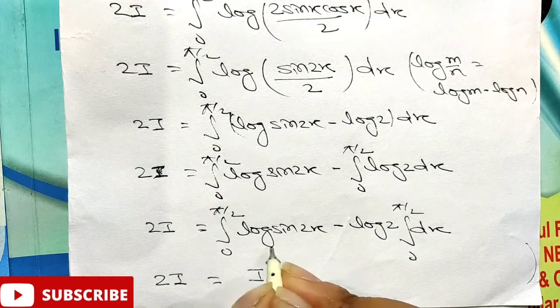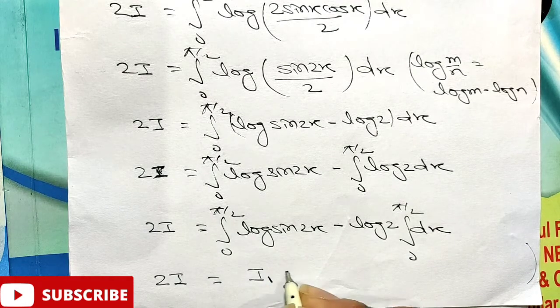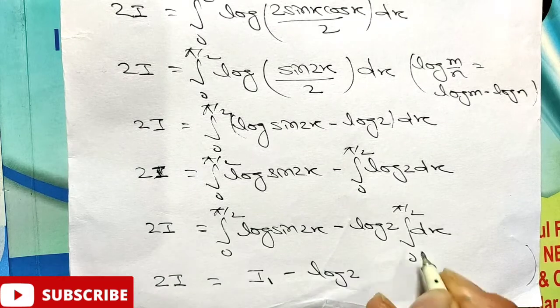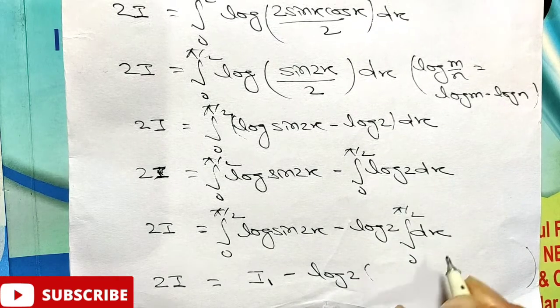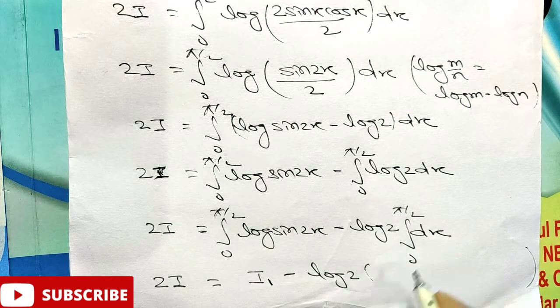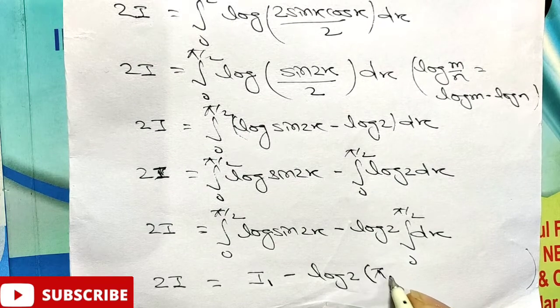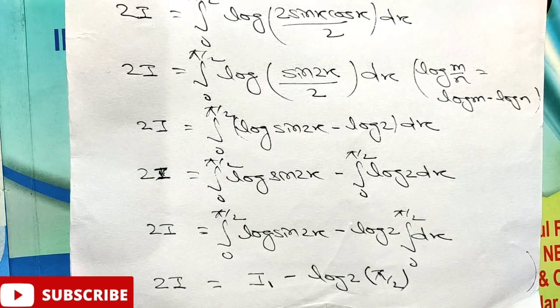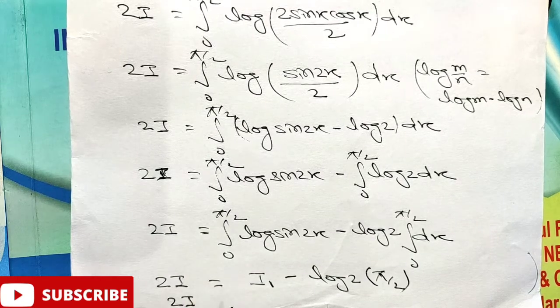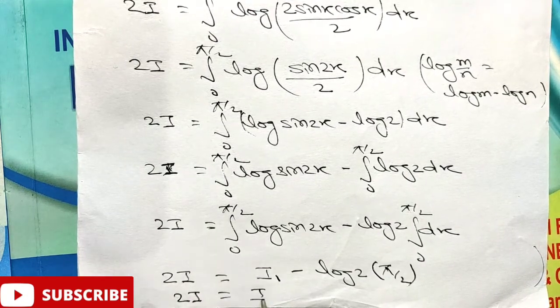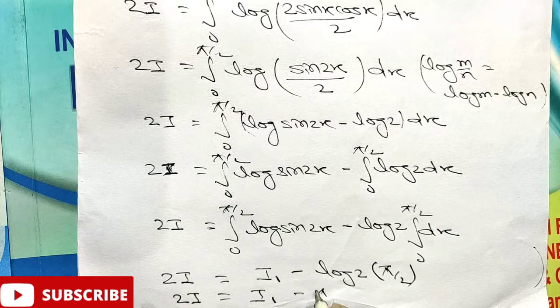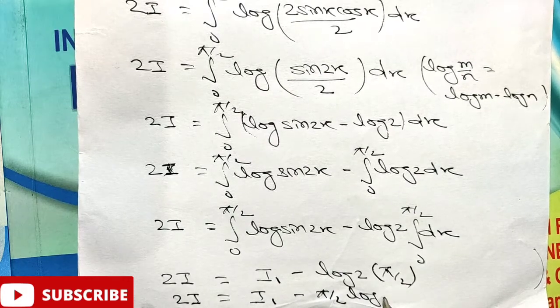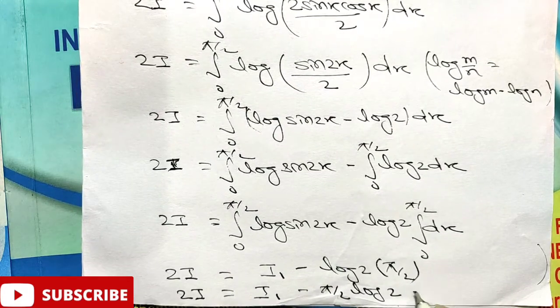We are going to solve this integral later. The integration of dx is x, and after putting the limits we get pi by 2. So this can be written as 2I equals I1 minus pi by 2 log 2. Call it equation 3.